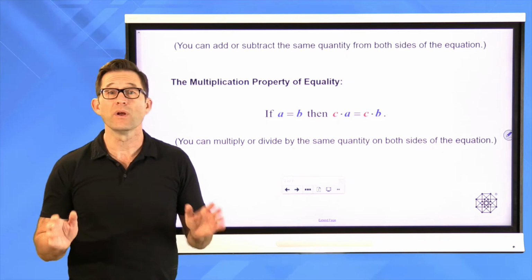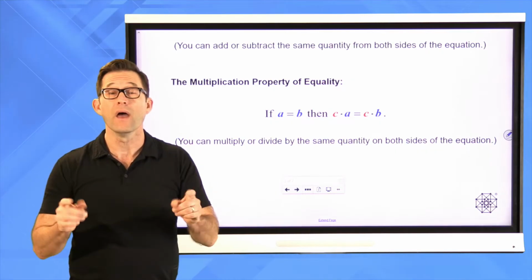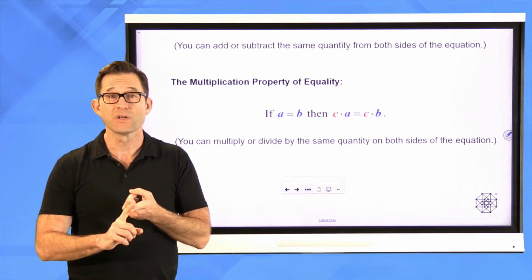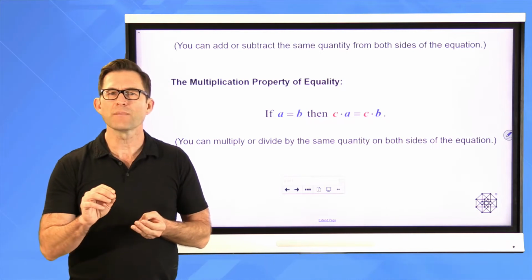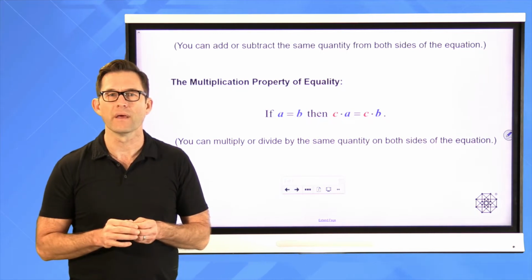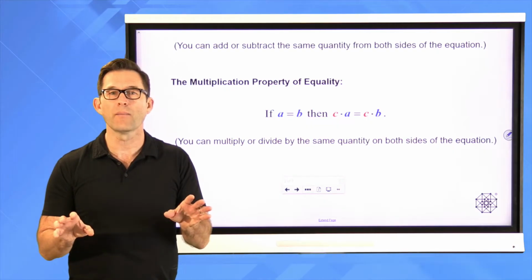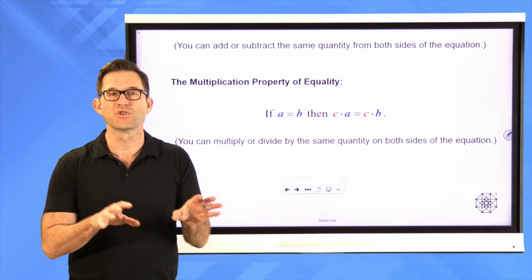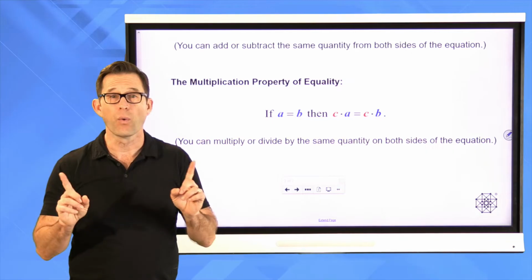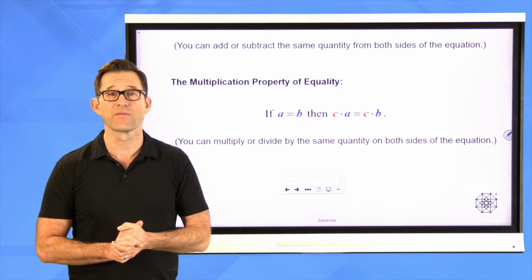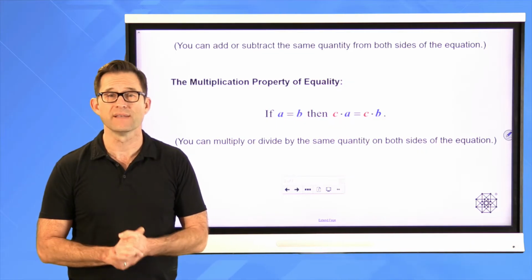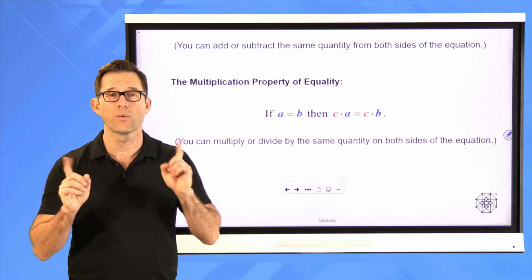Now, it doesn't mean we don't use other properties along the way, primarily the associative property, the commutative property, and the distributive property. But notice I'm not calling those properties of equality. Those are properties of real numbers and of things like addition and multiplication. Properties of equality basically says, hey, you can add or subtract the same thing from both sides, or you can multiply or divide by the same thing on both sides, and you still have a true equation.